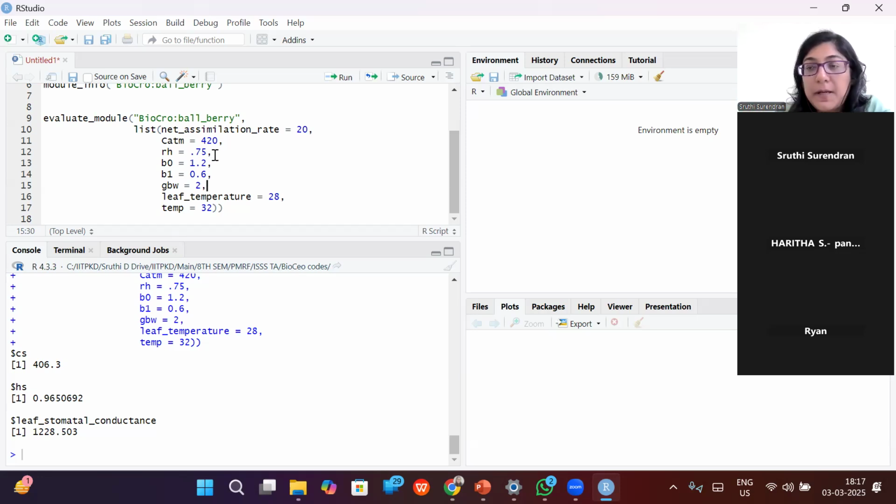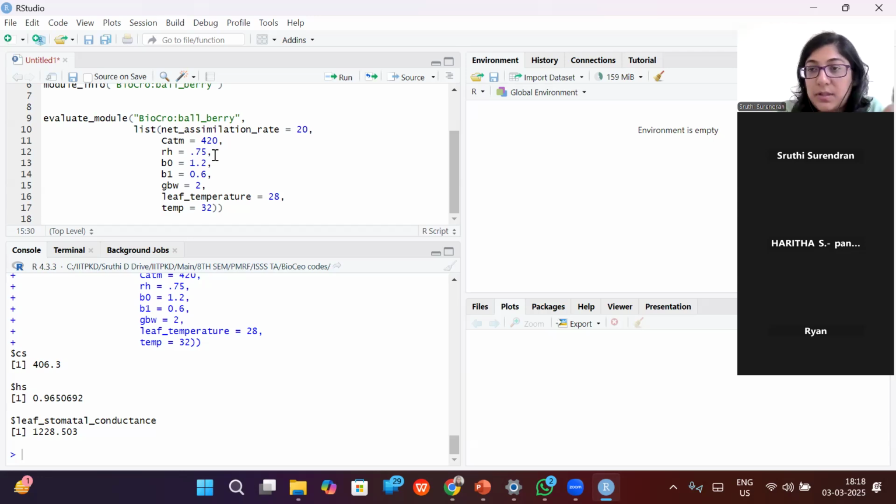And now in BioCro, Ballberry is a model. We learned about the FVCB model. Using the FVCB model, BioCro calculates the internal carbon dioxide. In order to get the internal carbon dioxide, the stomatal conductance is also playing a huge role. So what BioCro has done is couple the FVCB equation and the Ballberry equation together to form the C3 assimilation equation, which I'll be talking about in the later part of the class.